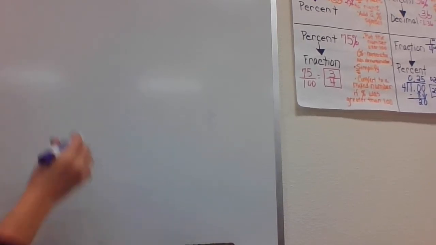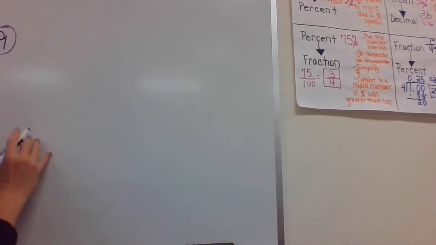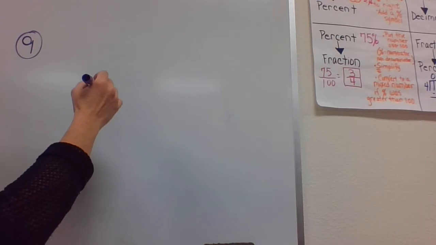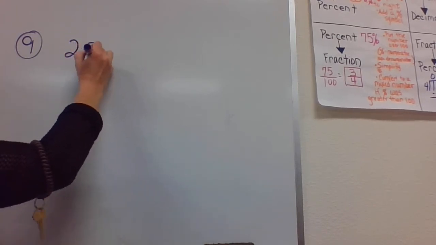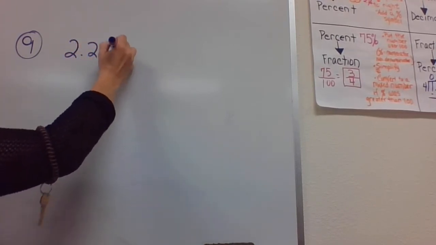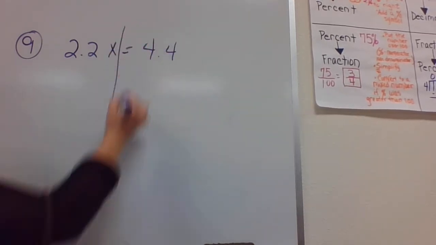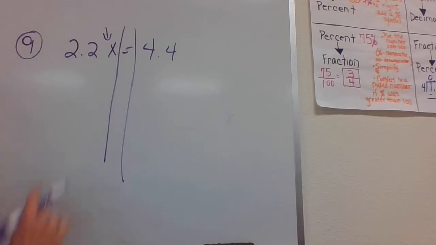Now, another one that seems to become confusing for some of my friends is number 9. Number 9 says 2 2/10 x equals 4 4/10. Again, I need to locate my variable, which is this x.